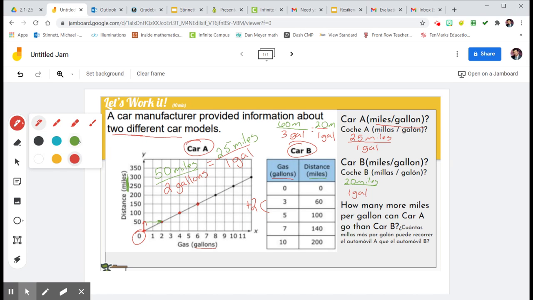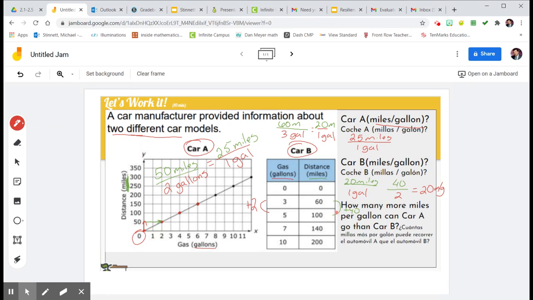And then if we look at our miles, for this change of 2, how much did we increase here? We went from 60 up to 100. That's plus 40. So we increased by 40. If we do the division of these numbers, 40 divided by 2, guess what we still get? We still get the same answer, which is 20 miles per gallon.